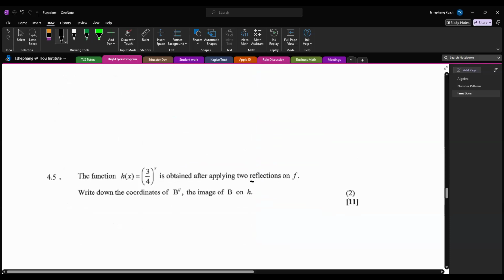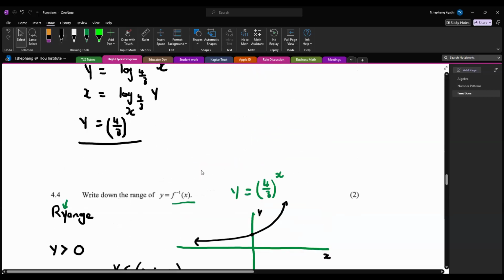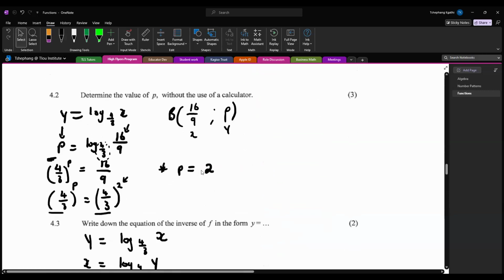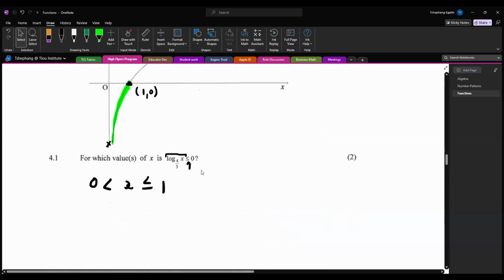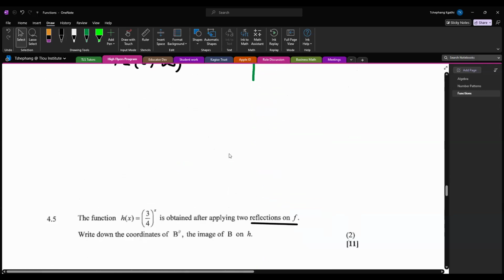Reflections on f. I'm going to go back to f. That's the one that I started with. I want that equation so that I can see what happened to it. So the equation of f was simply log base 4 over 3.